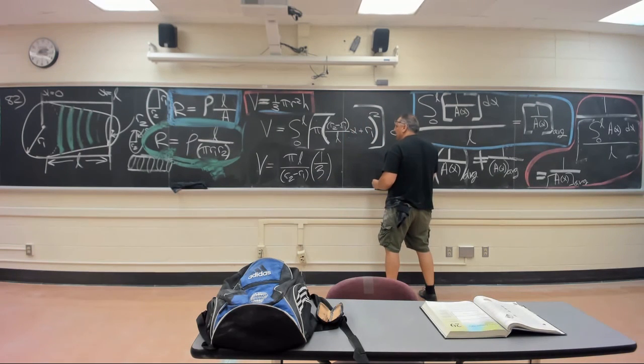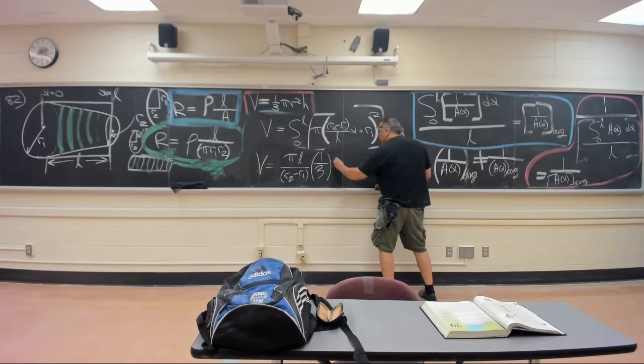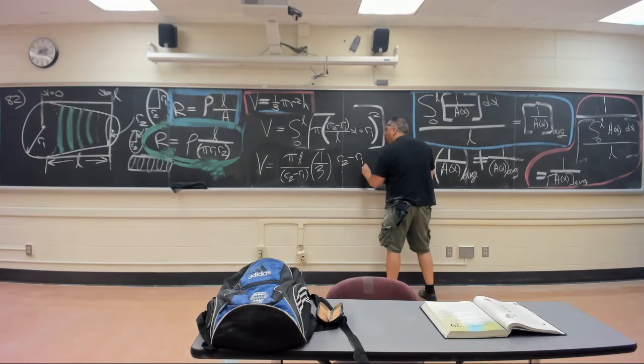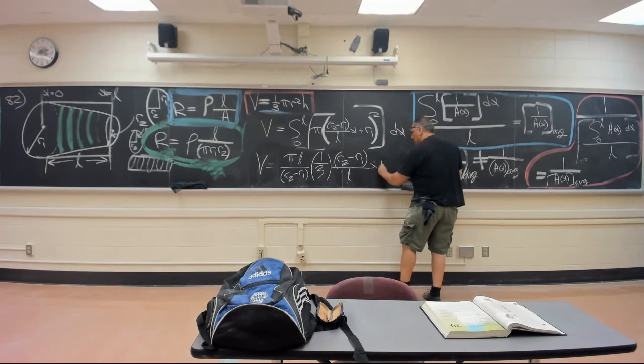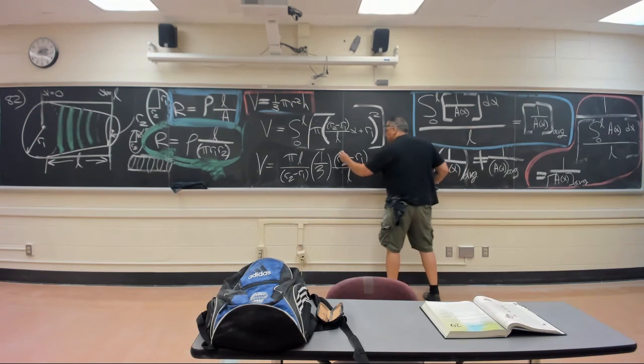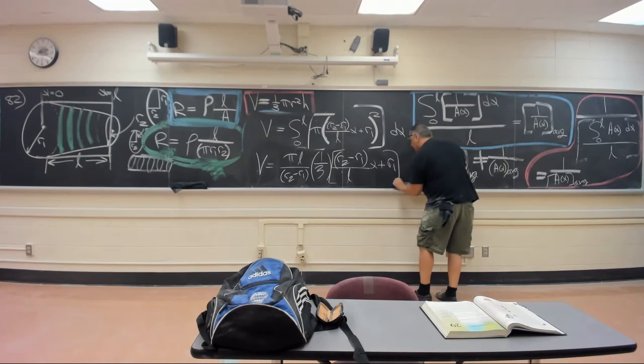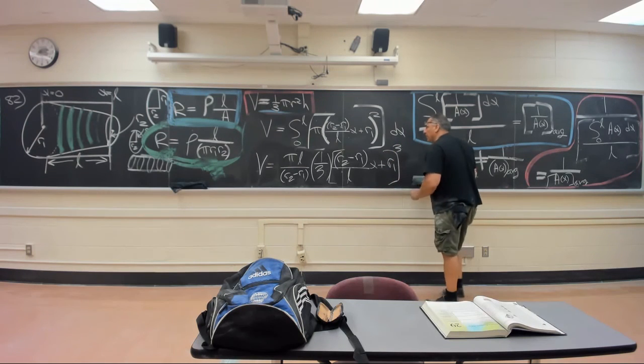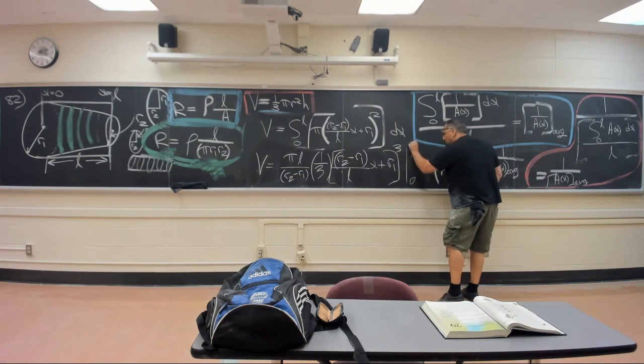And then we end up getting R2 minus R1 over L, x plus R1, cubed, from 0 to L.